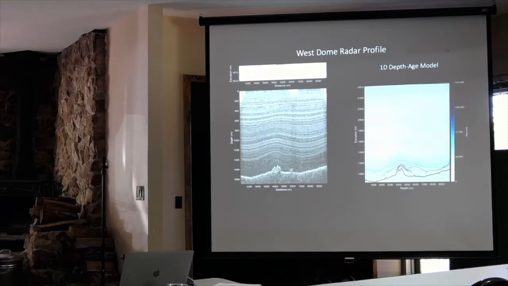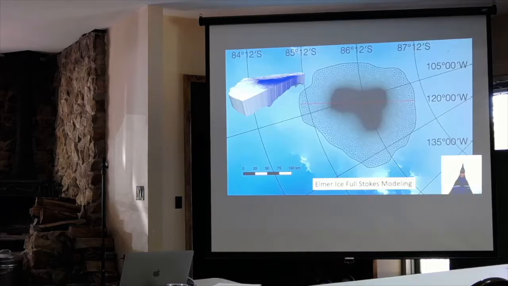We're trying a lot of different things to understand Hercules Dome. A lot of this is still very preliminary because we don't have many data constraints yet, but we intend to get those over the next couple of years. This is Andrew's initial runs for Elmer/Ice to model the surface velocity system around the Herc Dome complex.